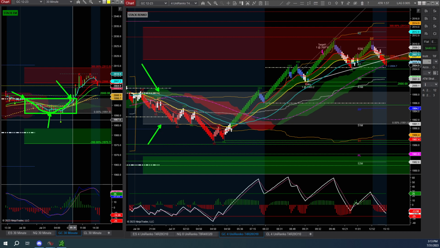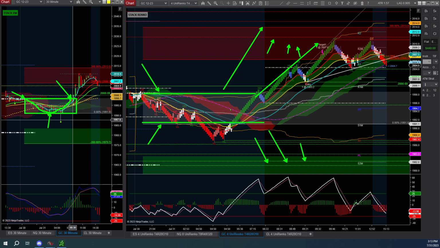You have the upper part right up here and the lower part right there, and then from here you can get extensions, right? The red area up here is extended, and this low area is extended to the downside. Initially this one is moving sideways, but from here you can see that it started to move to the upside.